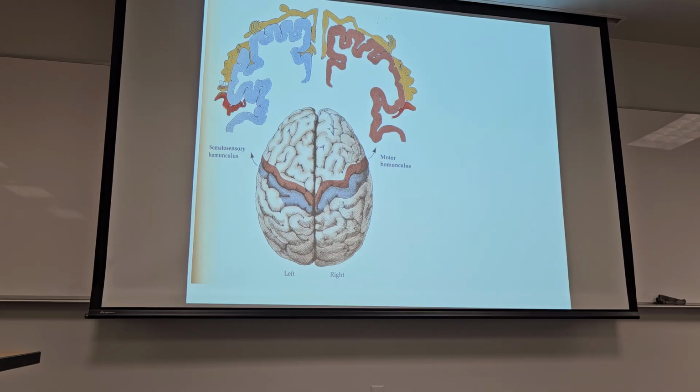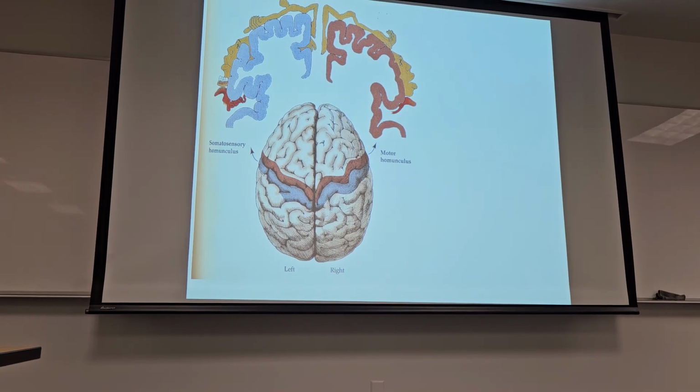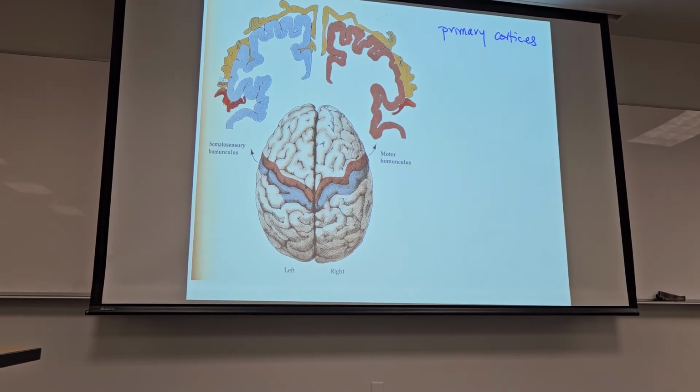And so we can divide our brain into primary cortices. In the primary cortices, we have sensory, visual, auditory, and motor.